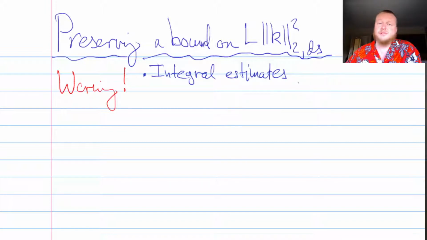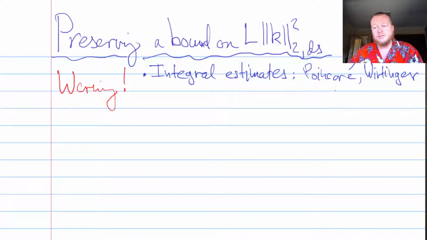So these will be things like the Poincare inequality. Now we're only talking about curves here, so it's just one-dimensional. So it's not too difficult, but it is a little bit. There are a few different versions of it, and we're going to be using the L infinity and the L2 versions, and Wirtinger. So Poincare and Wirtinger.